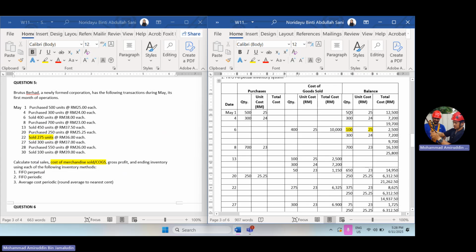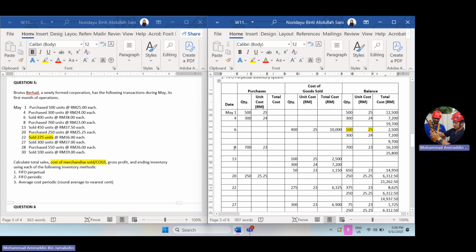So 500 minus 400, 100. Why minus? Because we sell. This one not yet sold, still in the store, so I put it here. Then I add. This is the total of my inventory as at 6th May.